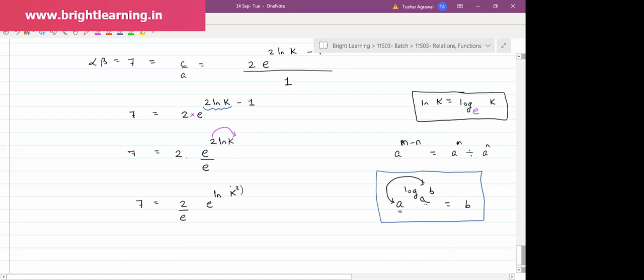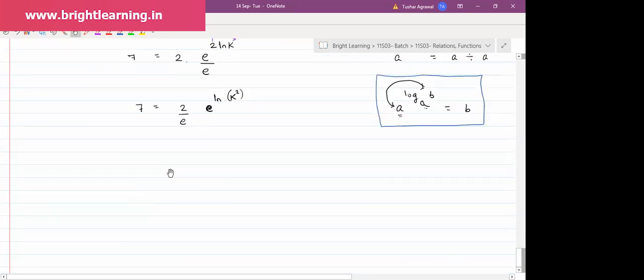Now it is e raised to this thing, so 7 is equal to 2 upon e as it is, and e raised to log of k square, which I can write as k square. So k square is equal to 7 times e upon 2.